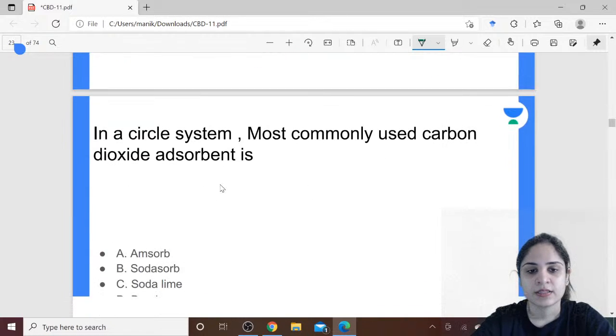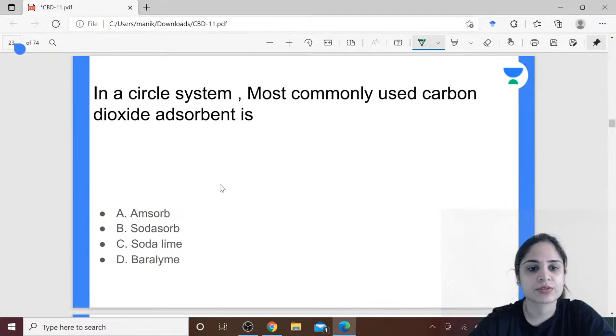Next one. In a circle system, the most commonly used carbon dioxide absorbent is AMSORB, soda lime or baralyme? This is the easiest question in today's class. All of you should know the name for it. Circle system is a closed system.